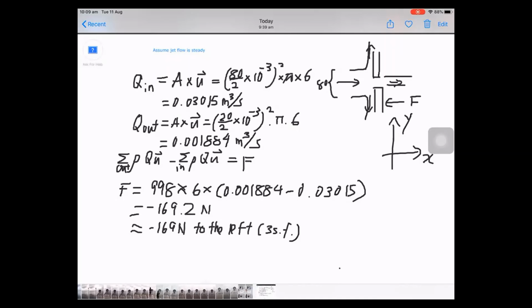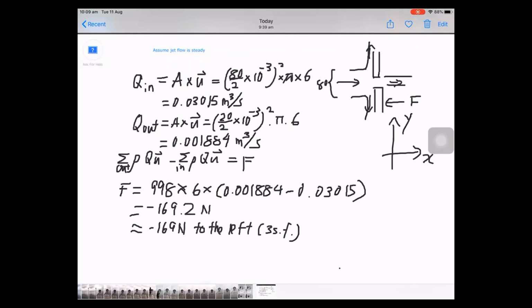We assume that the jet flow is steady and that the velocity remains the same, because the jet with a wider diameter just passes through a hole with a smaller diameter, and the rest goes along the plate in the y direction. So the only thing that changes is the area of the diameter of the jets, when it comes in and when it comes out.